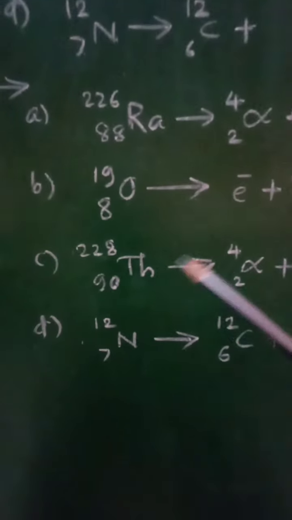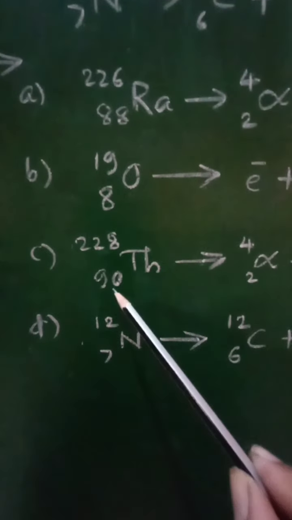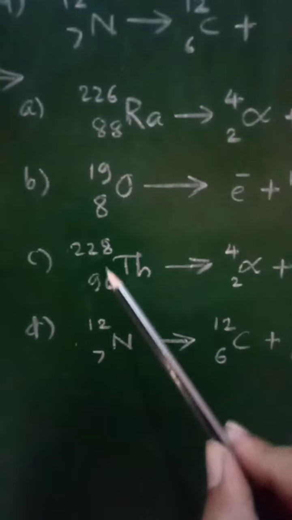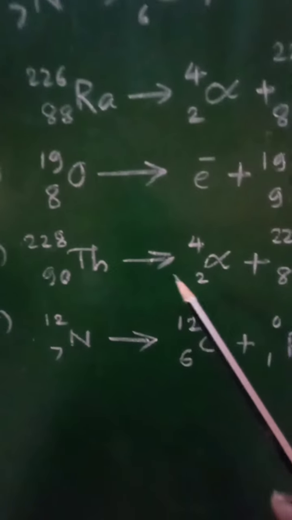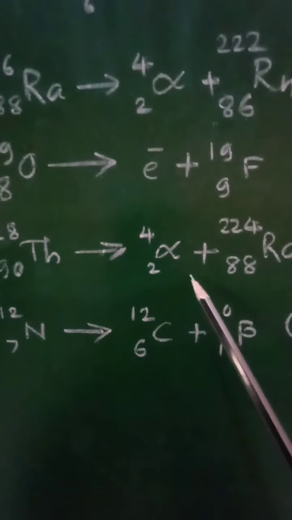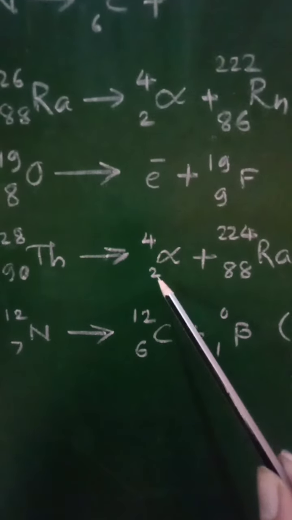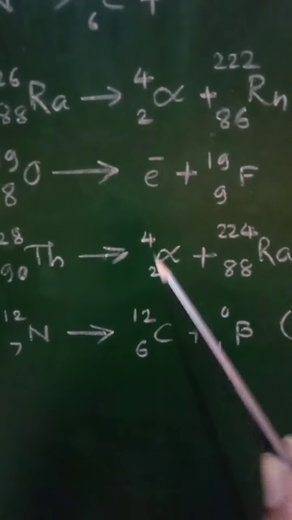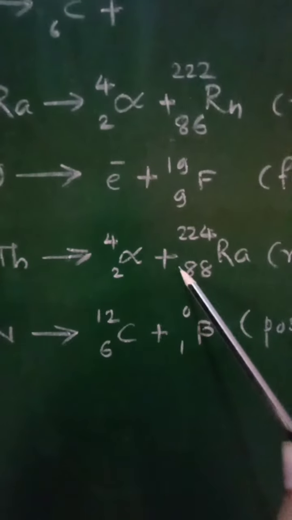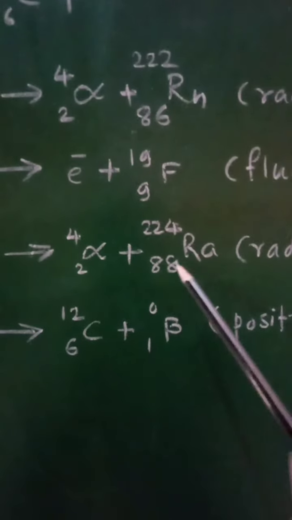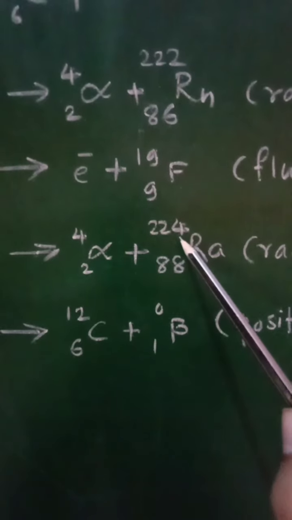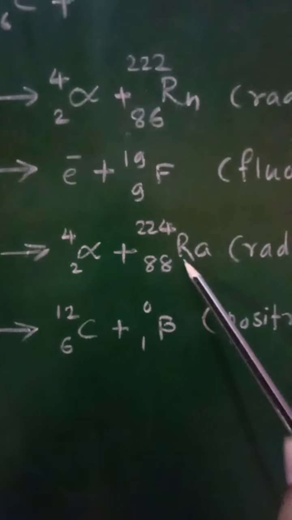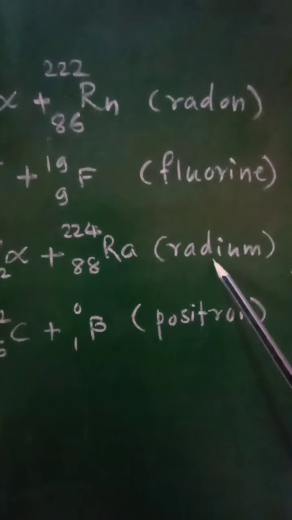Then C, for thorium, having atomic number 90, mass number 228. When it undergoes decay, an alpha particle having atomic number 2, mass number 4, along with radium having atomic number 88 and mass number 224 will be emitted. So it will emit radium.